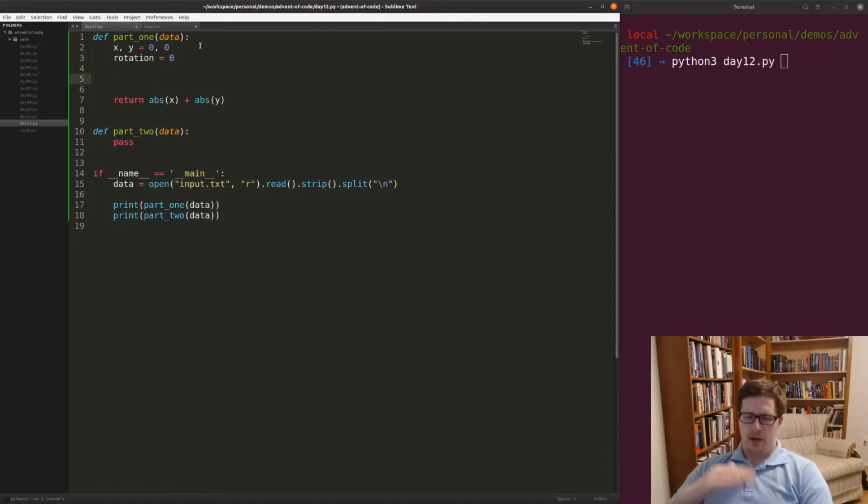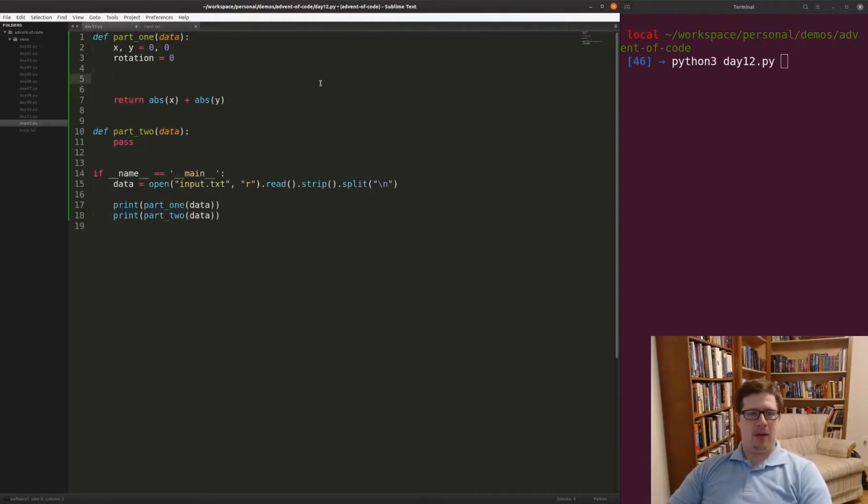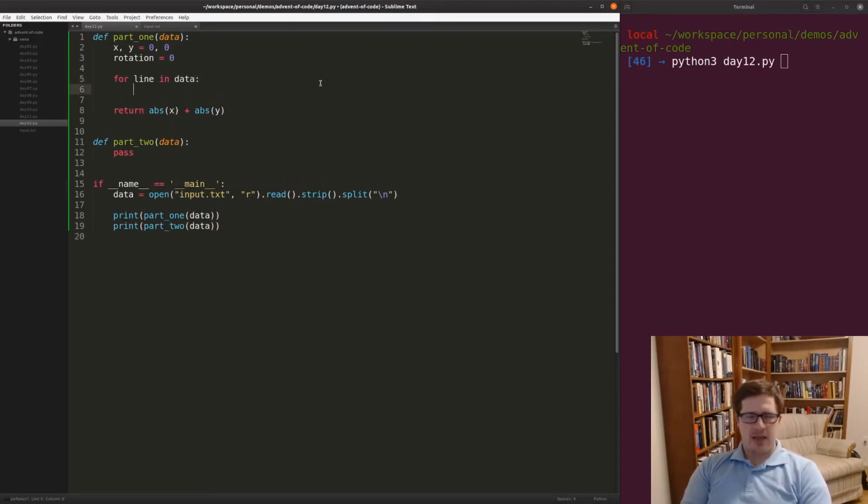So now we're going to rotate left or right, and I'm assuming that these are going to be in orders of magnitude of 90. Hopefully they're in orders of magnitude of 90. Okay, so now we're going to go through the data. For line in data, we've got an action and a set of units.